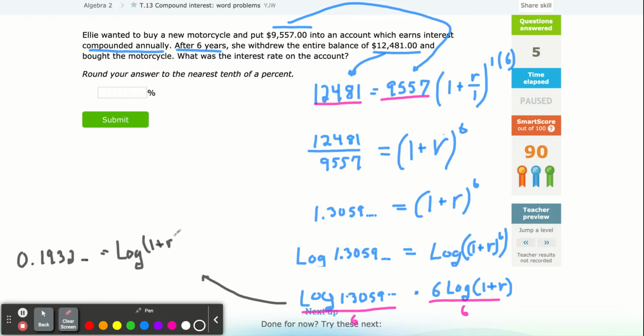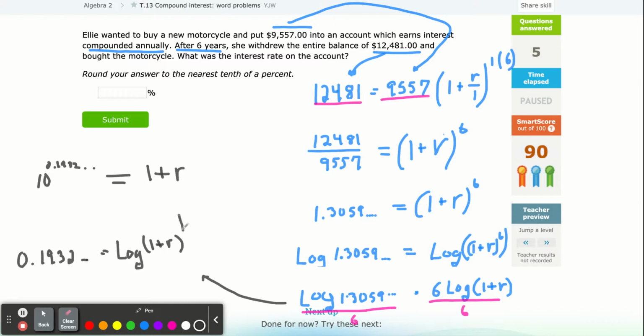So again, what I've done is I've taken the log of this 1.3059, which was 0.11592 something, divided by 6, and got 0.1932. Now remember, this is base 10. So I'm going to take 10 and raise it to the 0.1932, and that's going to equal 1 plus r.